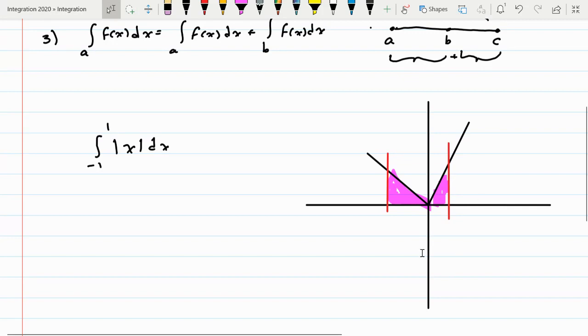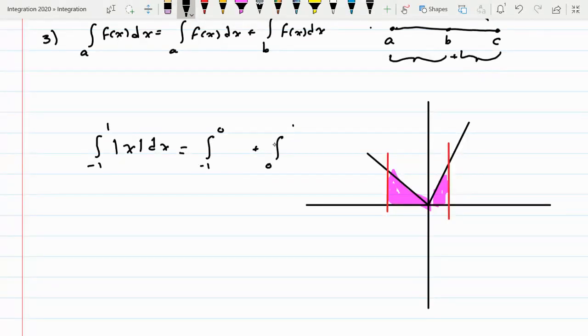But since I want to find the integral from -1 to 1, if I found it directly, it's going to be 0 because the negative will cancel the positive. So what I'm going to do is assume that this one equals the integration from -1 to 0 plus from 0 to 1.